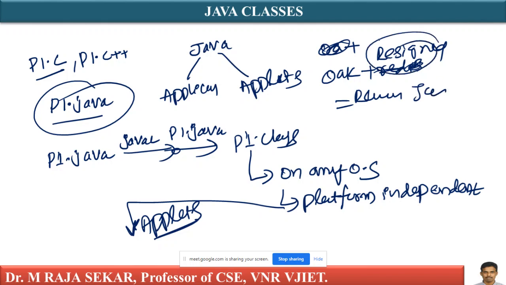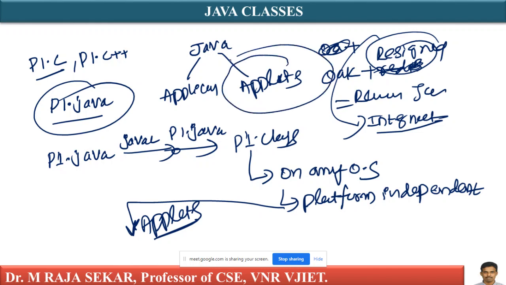Redesigning means adding internet capability. What's the meaning of internet capability? How does Java support internet capability? There are two categories of programs. Java supports internet by a category of programs known as applets.